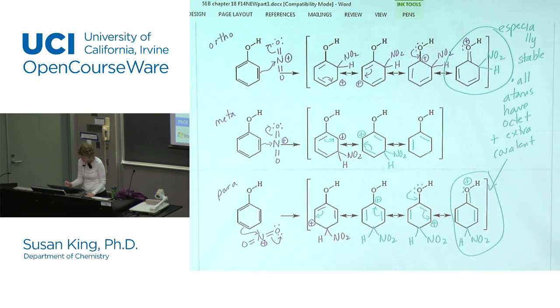See, did I do that right? So we go here, then we go here, positive charge right here, and the nitro group here. So we don't have any especially stable, we don't have any especially unstable, we just don't have that 4th bonus very stable resonance structure. And that's why we don't get any meta attack when we have activating groups.